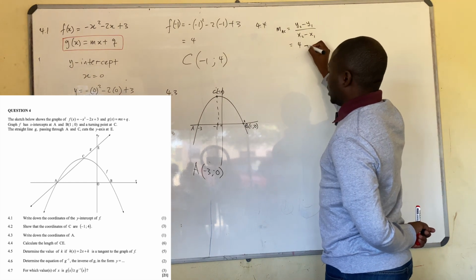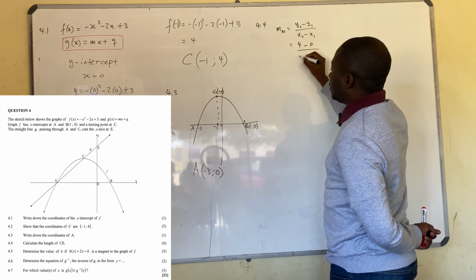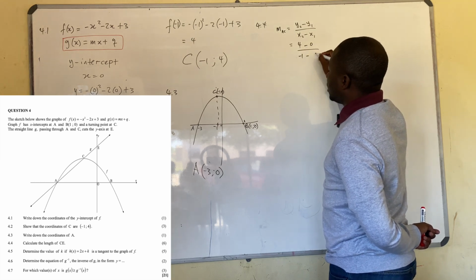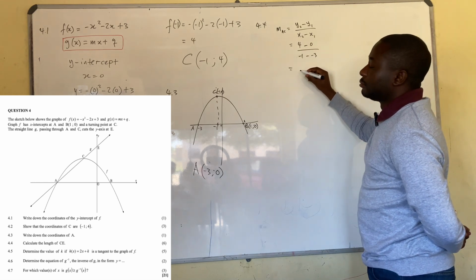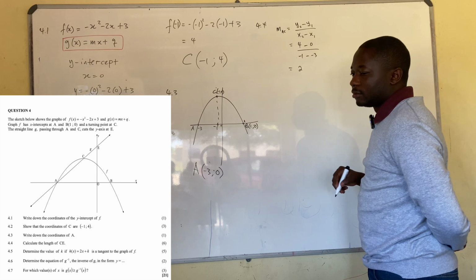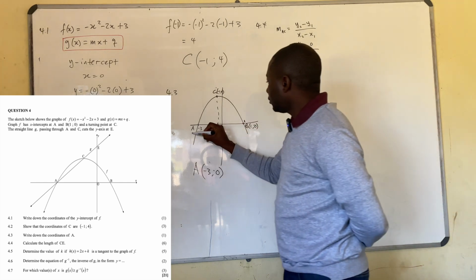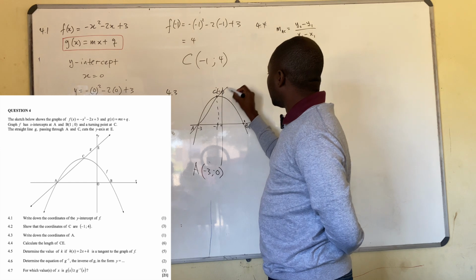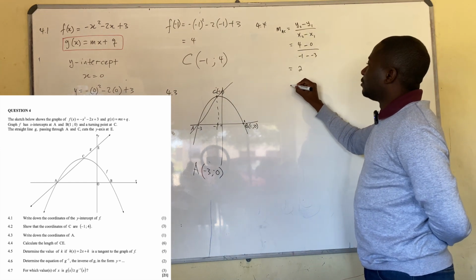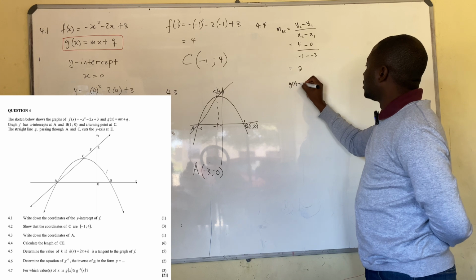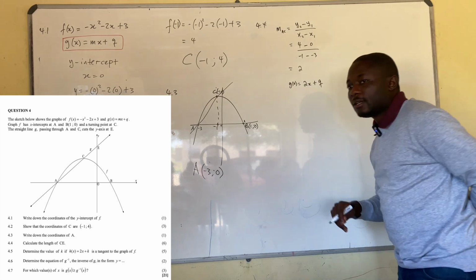So 4 minus 0 over negative 1 minus negative 3, right? So that will be 4 over 2, which is 2, okay? So the gradient of the line is 2. So far we have g of x is equal to 2x plus q, right?